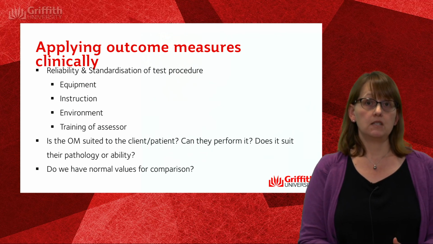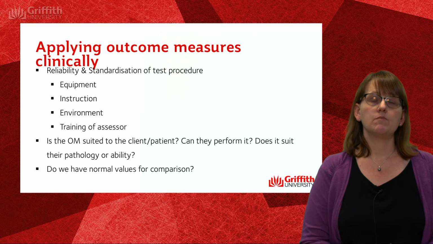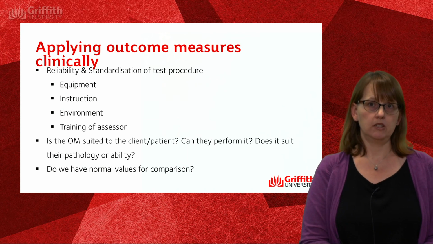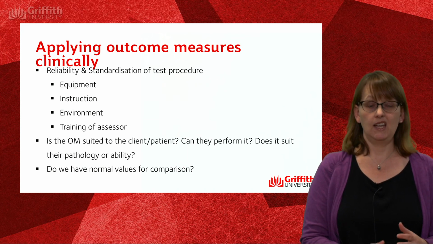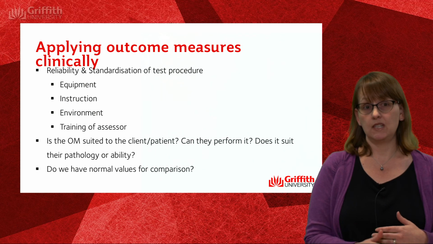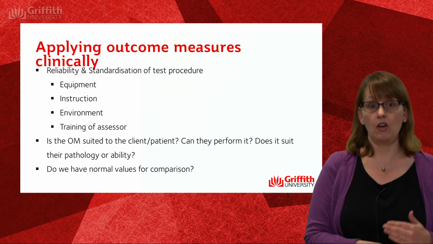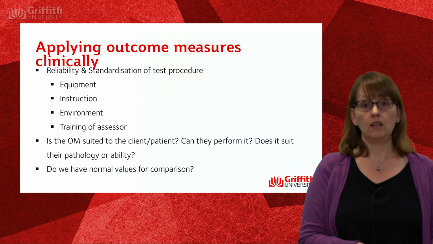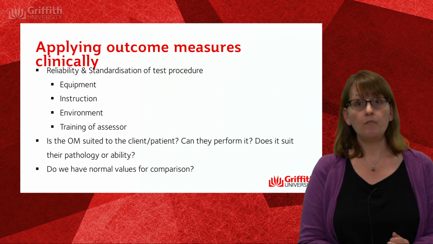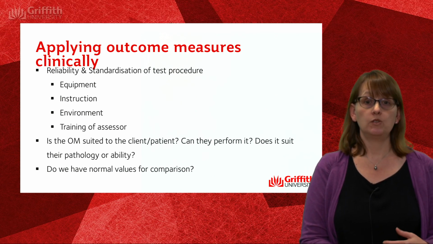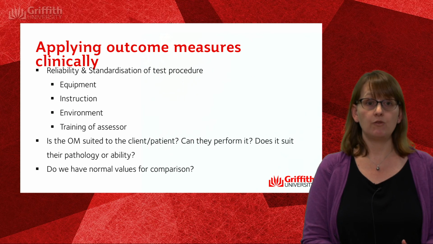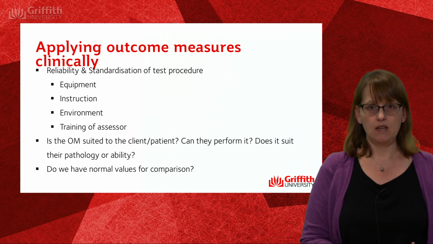So the other things we need to consider is the outcome measure suited to that client or patient? Is there any specific disease associated with that outcome measure, that only people with that condition the outcome measure is used for? Or do we need to just consider the simple fact is, can they perform this test?